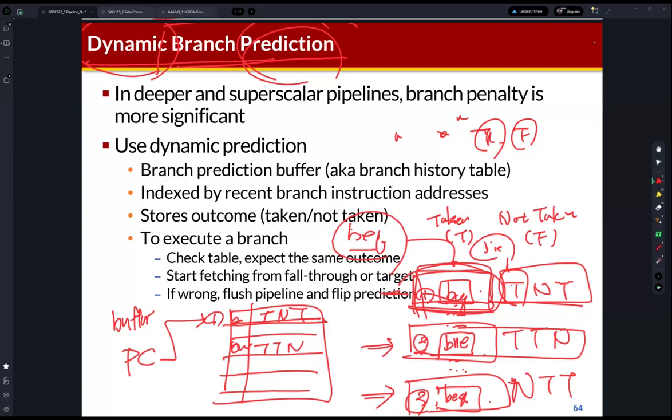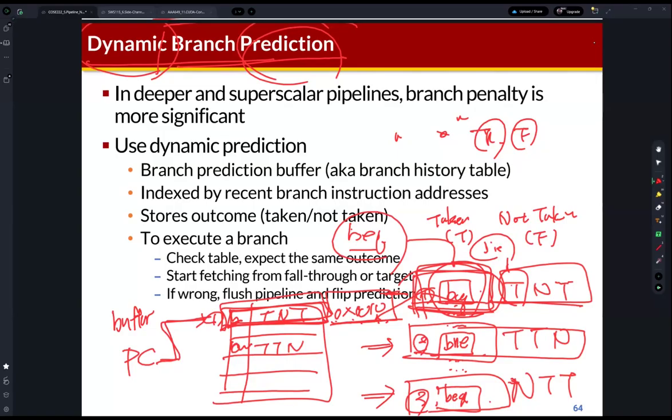So for example, the PC of this BQ is 0x0010. Then if the current PC is 0x0010, then we can access this entry of the buffer. And this entry will include the previous result of the branch instruction, right?